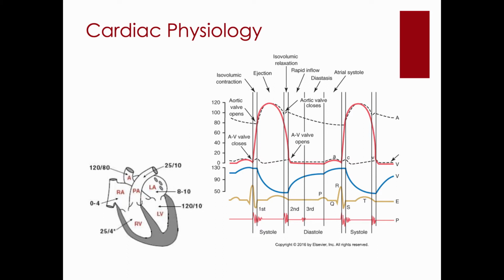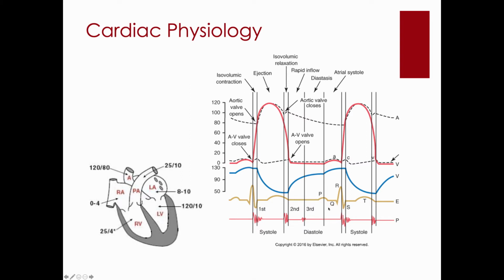And that's why the mitral and tricuspid valves have opened. Okay? You can see the pressure gradient is not that big, right? This is the pressure in the atria, this dotted line. The red is the pressure in the ventricle. So there's not a great gradient there. There's not a big difference. Then the whole process starts all over again.